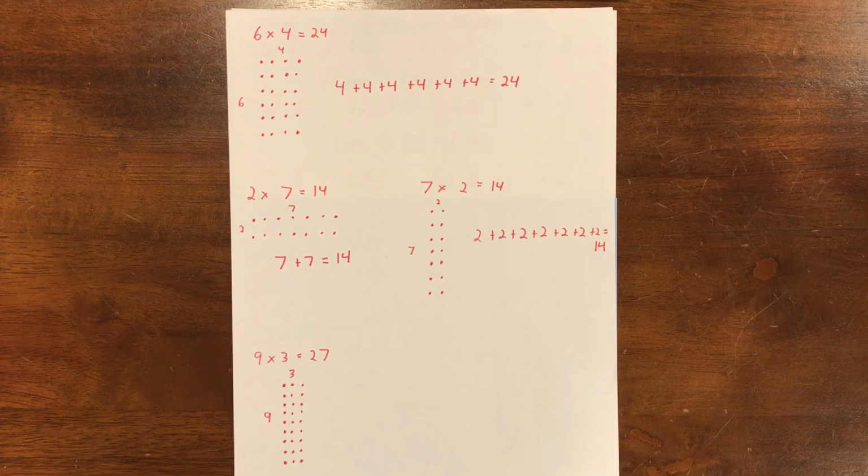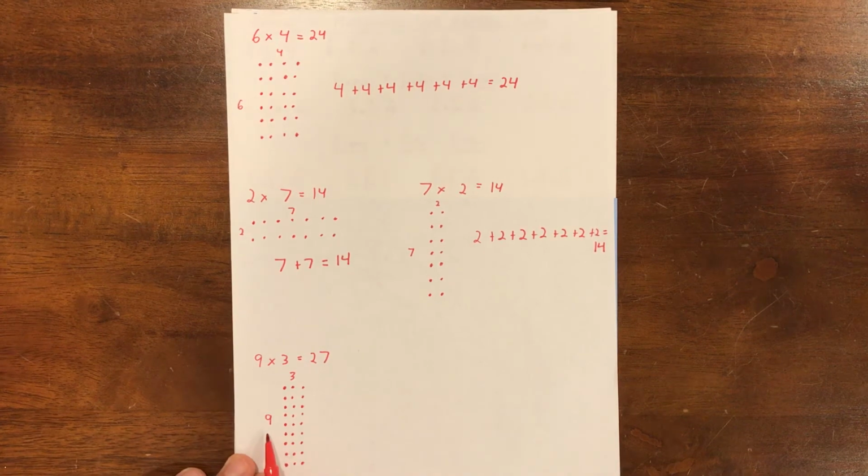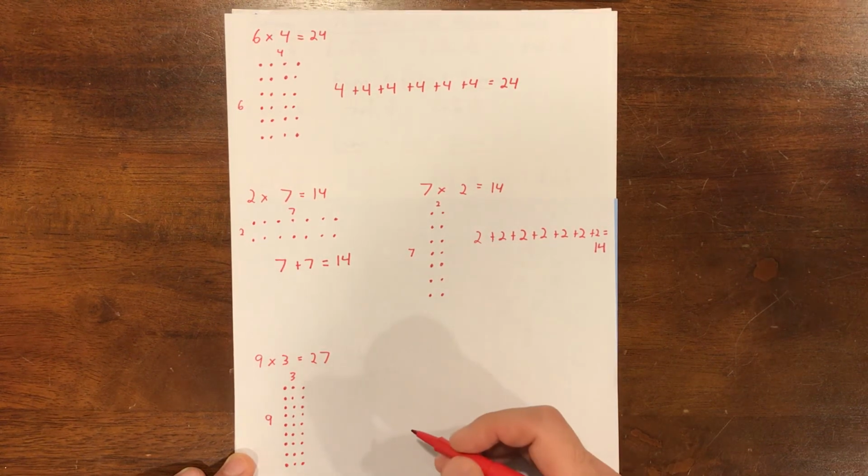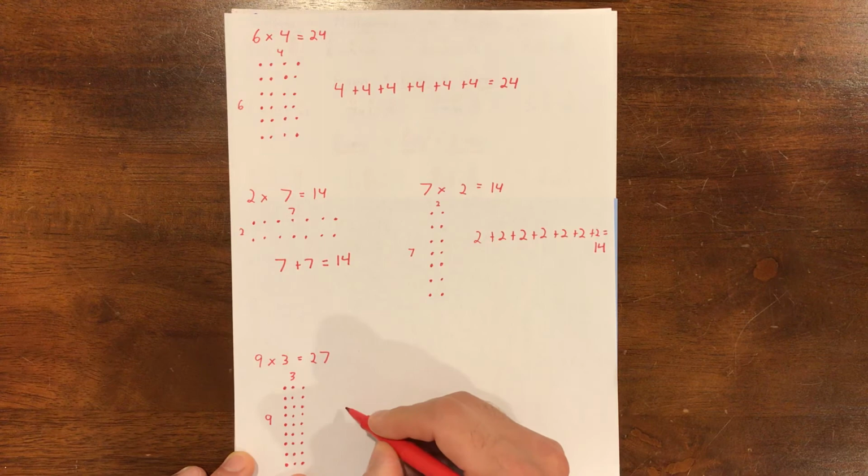Yeah, the product is odd because we are combining an odd number of groups with an odd amount in each group, which is going to result in an odd number. 9 groups of 3 is adding up to an odd number of times. That makes an odd number. We can see it here.